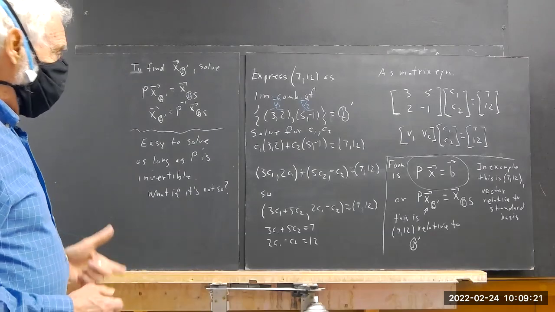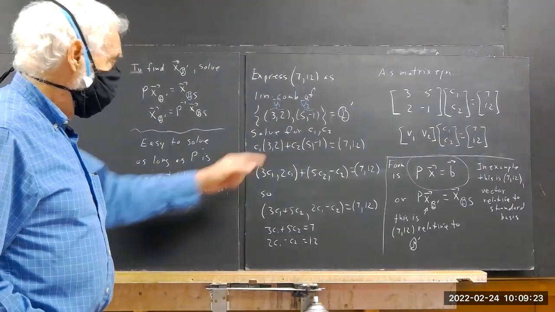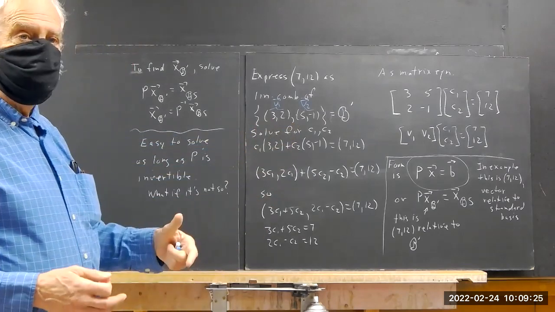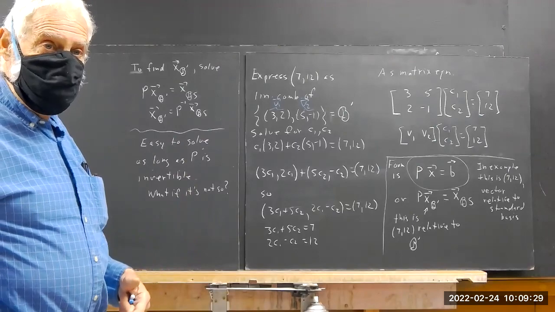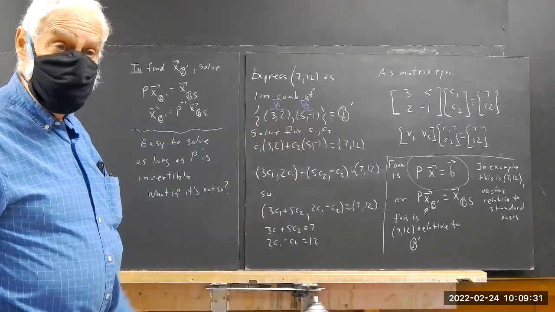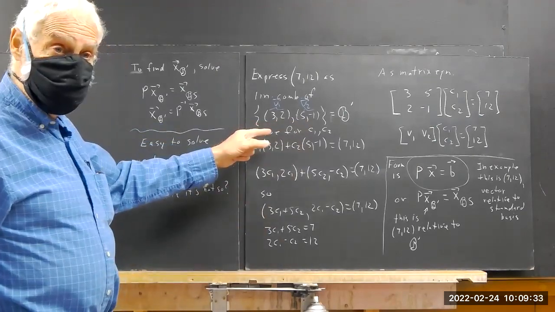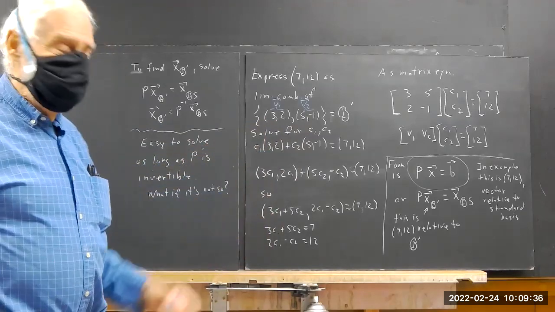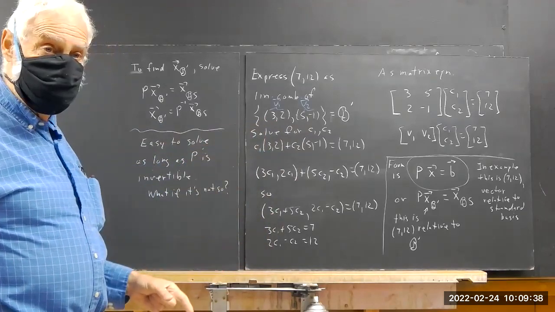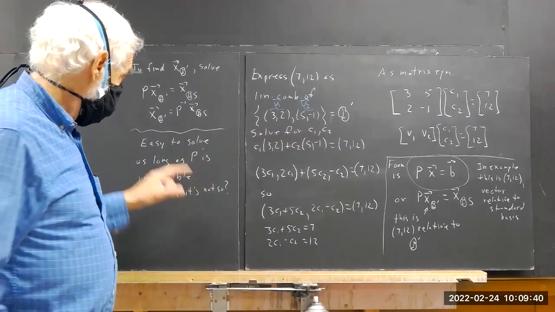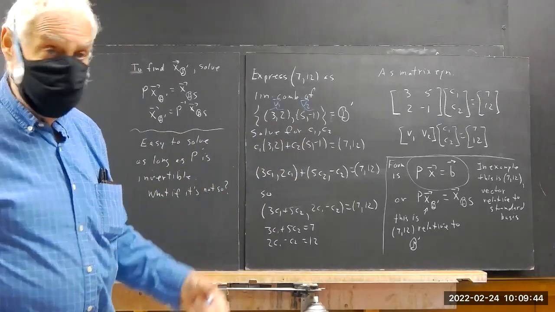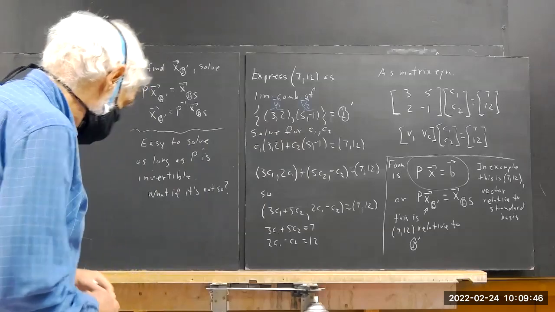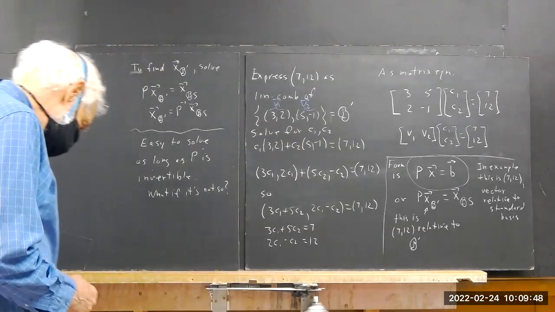So when I said, well, how are you going to express it in terms of this basis if P is not invertible? That means the determinant's zero. And that means these aren't linearly independent. So this isn't a basis. And there was the answer. If you go on assuming that this is a basis, when the determinant of your P matrix is zero, you're going to spin your wheels for a long time. Okay?